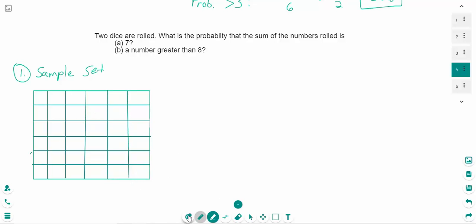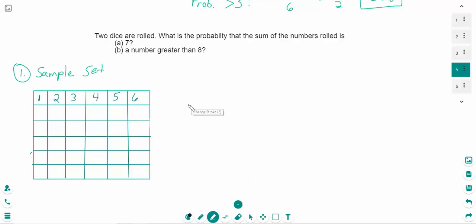So let's say that on our dice, again, it's a 6-sided die. So for one die, we have the possibility of rolling a 1, a 2, a 3, a 4, a 5, and a 6, right?